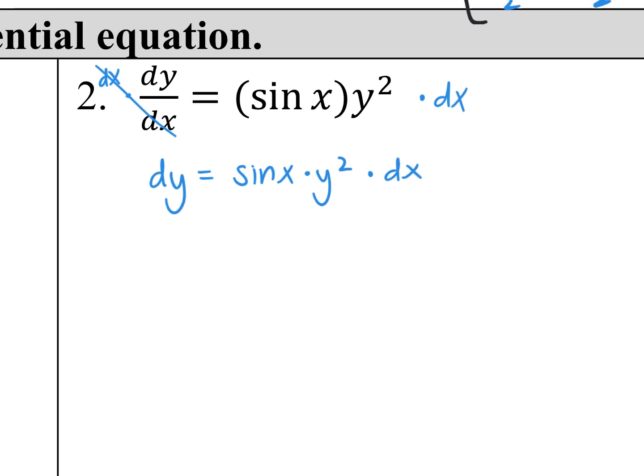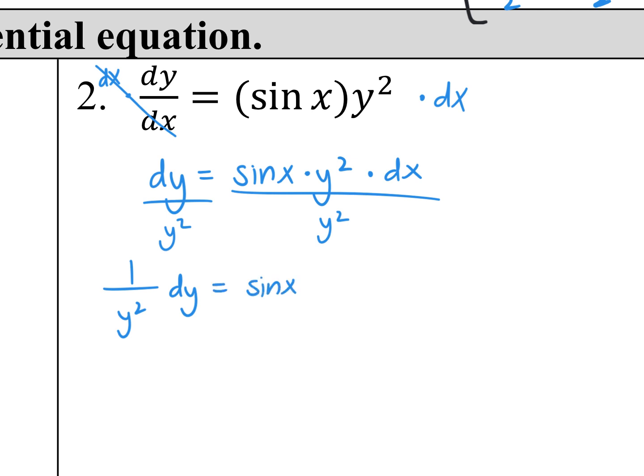And how do I get the y squared to go away? Divide it to the other side. Okay, so this becomes 1 over y squared dy is equal to sine x dx. So what's the general equation again?